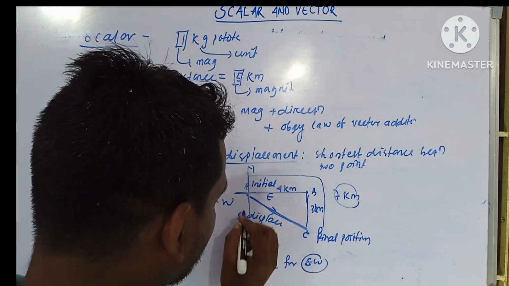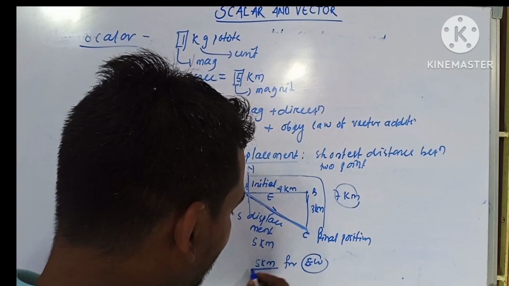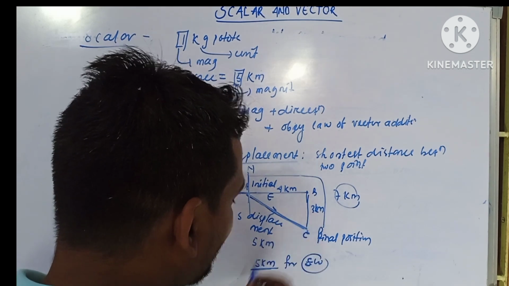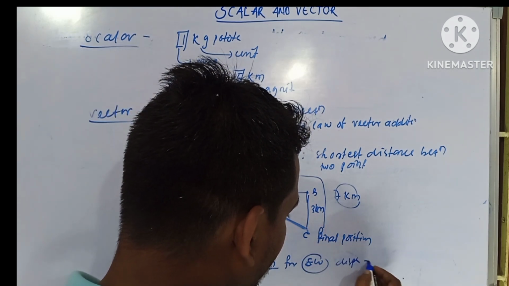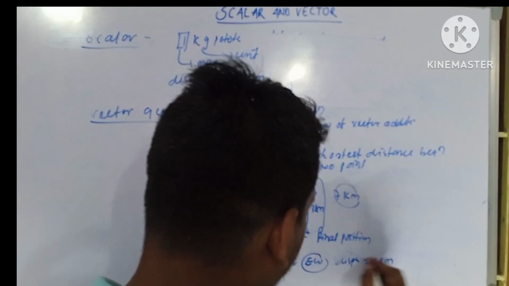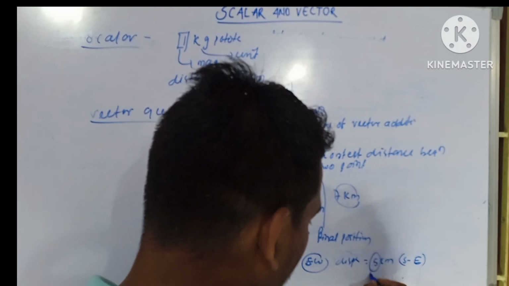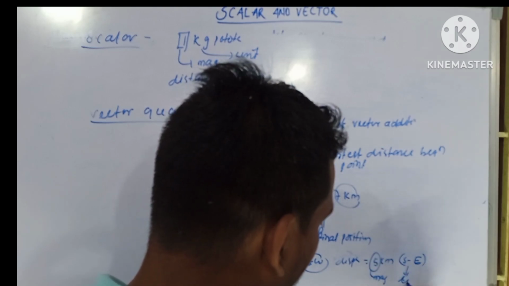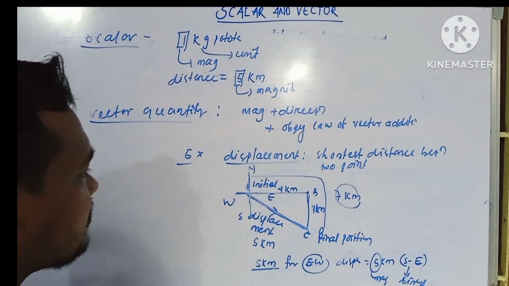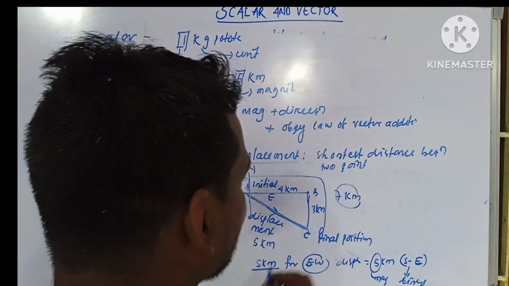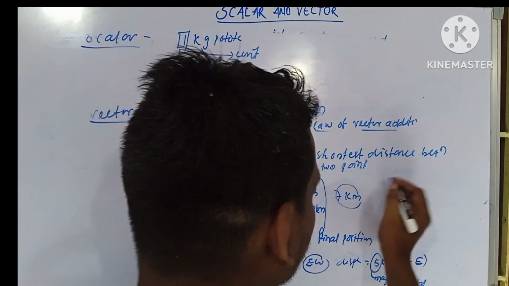If we move in the southeast direction up to 5 kilometer, then we reach point C. So in the case of displacement, there is 5 kilometer magnitude and the direction is south and east. That's why it is called displacement. And the third condition is that it obeys the law of vector addition.